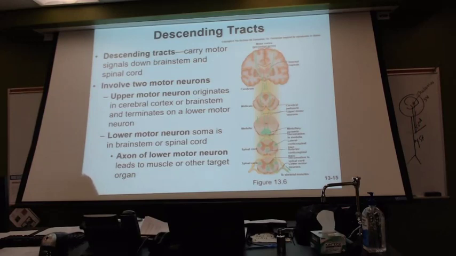And what did I say that was associated with? The ganglia. Organs. Our autonomic nervous system, our viscera.